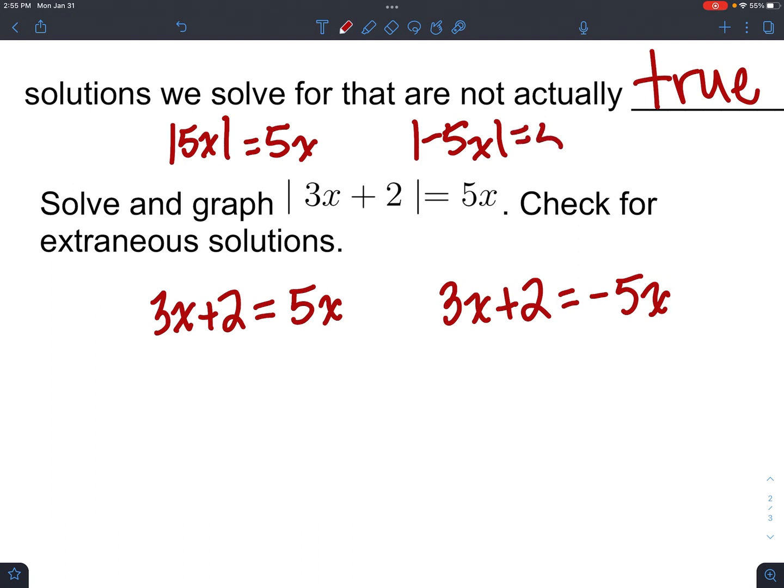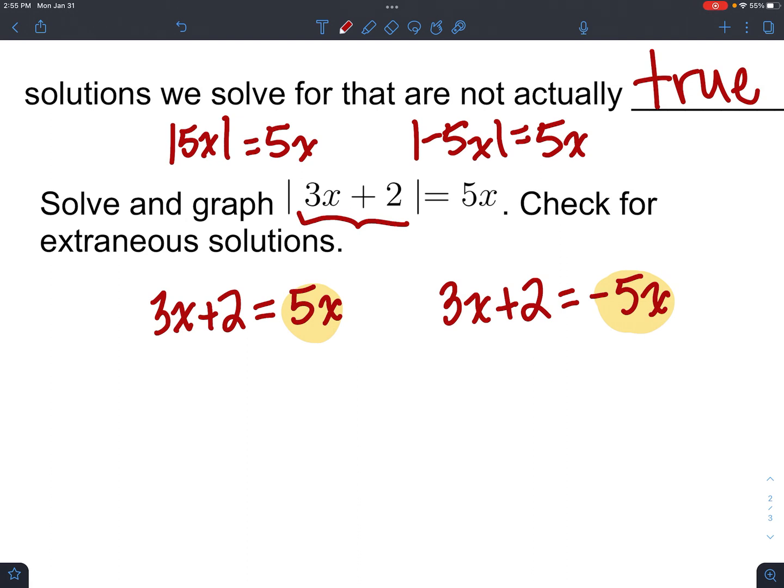We're hoping that these two values are the ones that you would put inside here to make it equal to 5x.